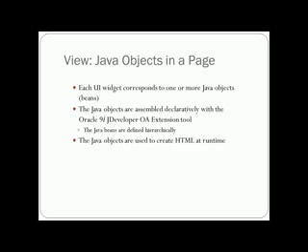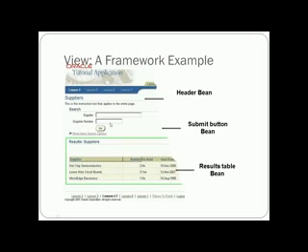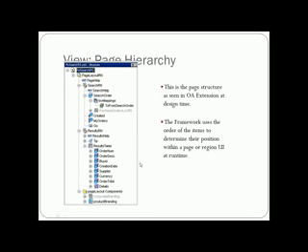Submit button, button is a bean. So every component on the page is a bean: message text input bean, submit button bean, and this is a result table bean. It goes on, and this is how we see the structure window. Whenever we create a table or a page, this is exactly how it looks.